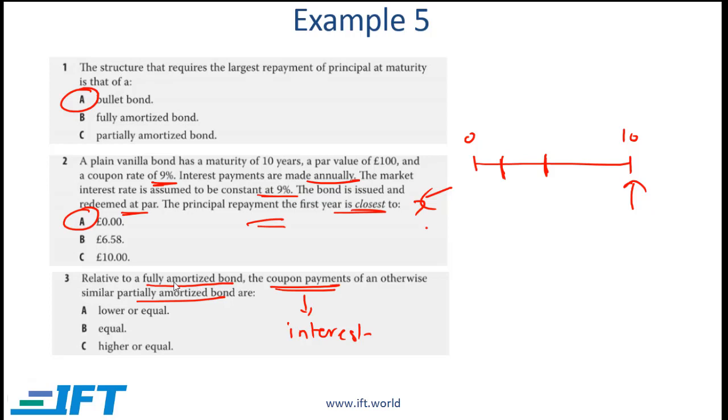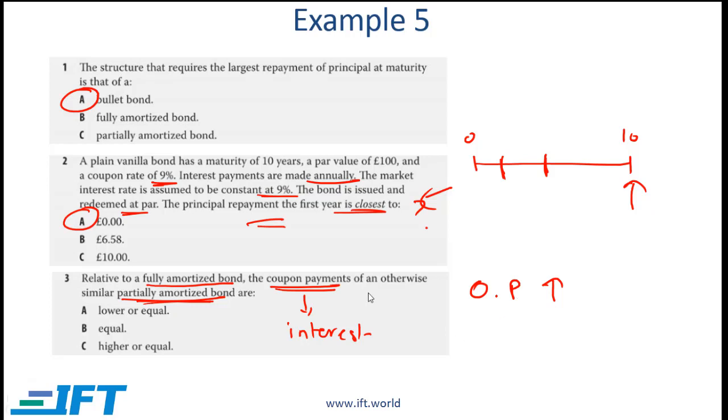Notice that we are being asked about a partially amortized bond. With the partially amortized bond, we are paying off less principal, which means that the outstanding principal amount is higher. So the outstanding principal amount is higher.